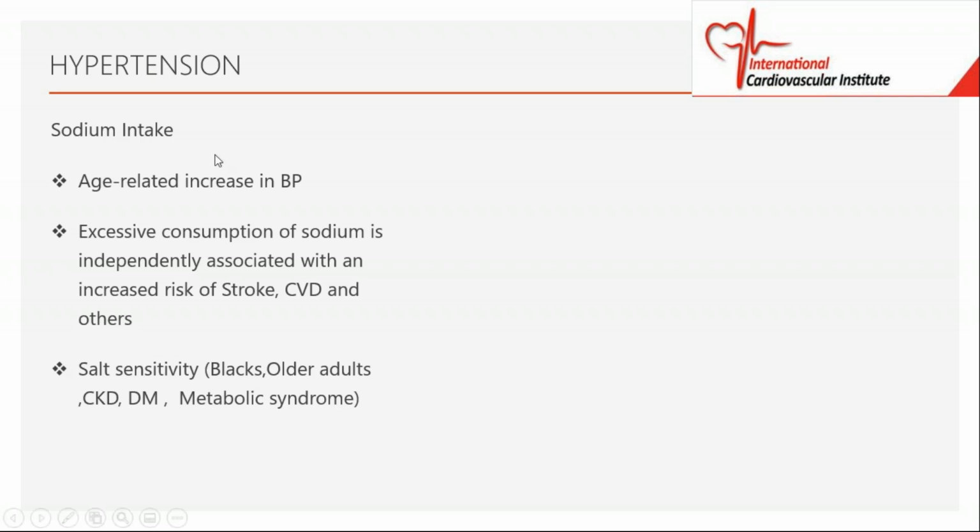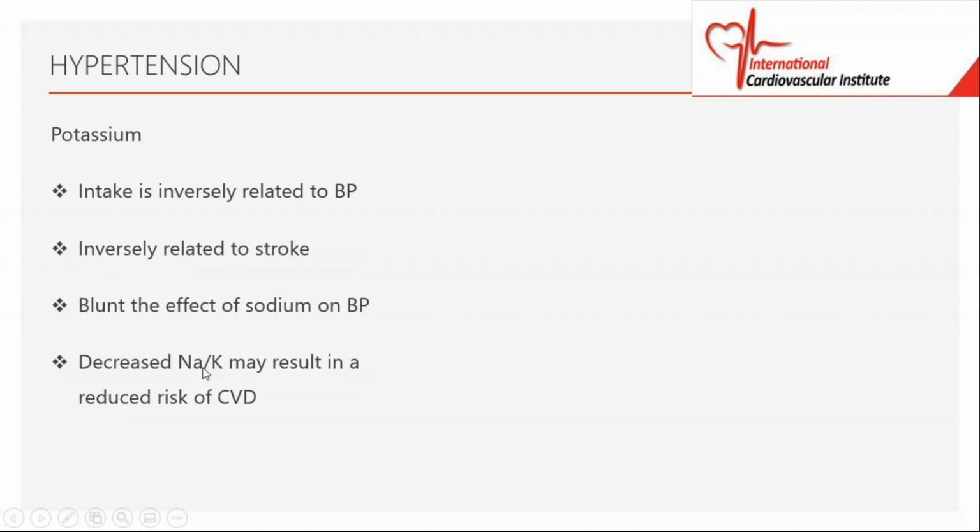So sodium intake is one of the main problems in hypertension. There's increased salt sensitivity in Black patients, older adults, patients with chronic kidney disease, diabetics, and patients with metabolic syndrome. Salt sensitivity. Okay, so what about potassium? We know that potassium intake is inversely related to blood pressure.